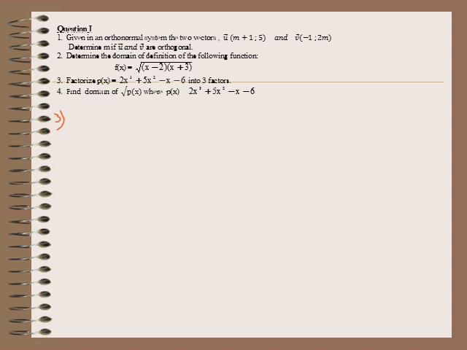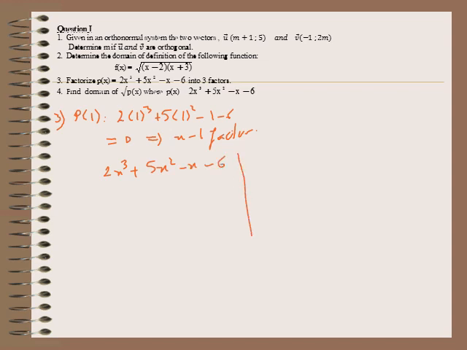Number 3. Factorize p of x. P of 1 equals 2 times 1 cubed plus 5 times 1 squared minus 1 minus 6 equals 0. Then x minus 1 is a factor. We divide 2x cubed plus 5x squared minus x minus 6 by x minus 1.